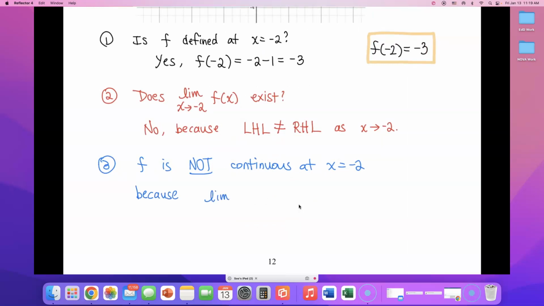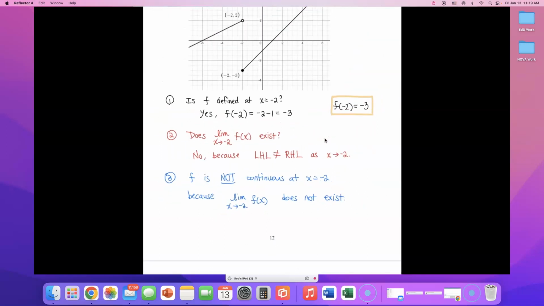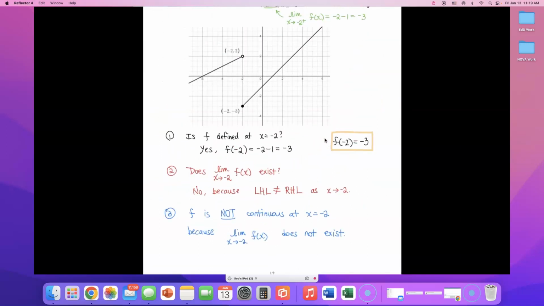The limit of f of x as x approaches -2 does not exist. In order for it to exist, we need to compare the function value and the limit, and they have to be the same. But if it doesn't even exist, we can't compare. So that's why the conclusion is that this function is not continuous at -2.